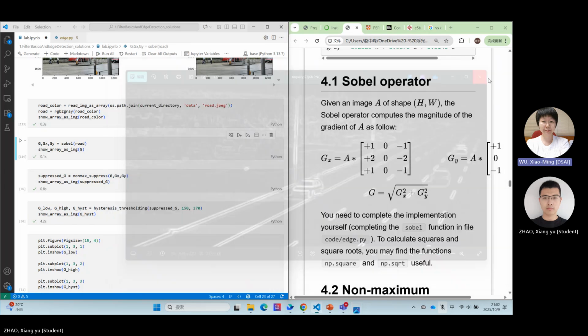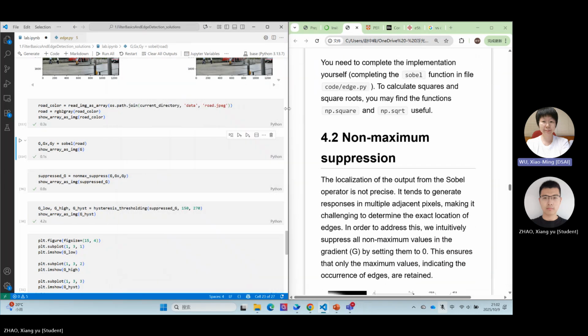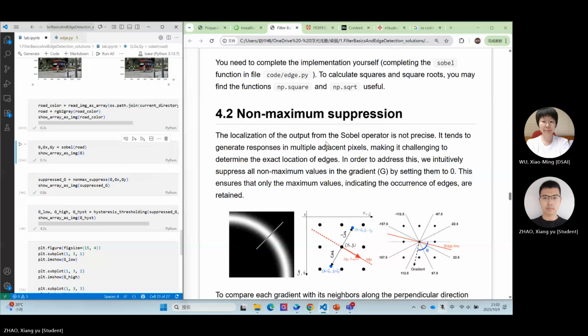Then you need to use the non-maximum suppression to denoise the results. The locations of the output from the Sobel operator are not very precise. It tends to generate responses in multiple adjacent pixels, making it challenging to determine the exact location of edges.